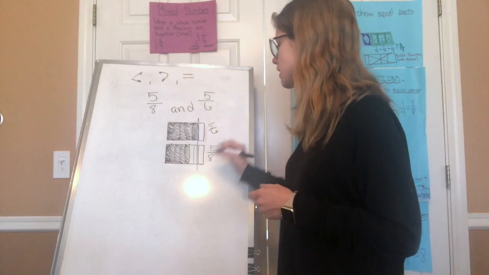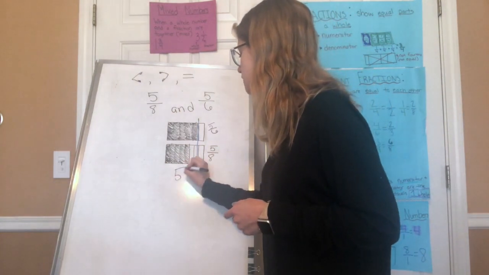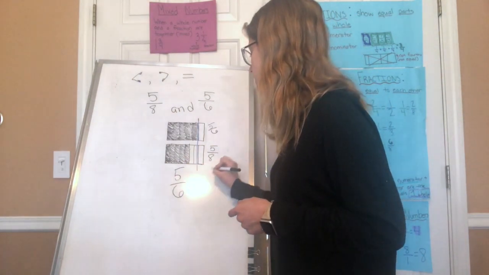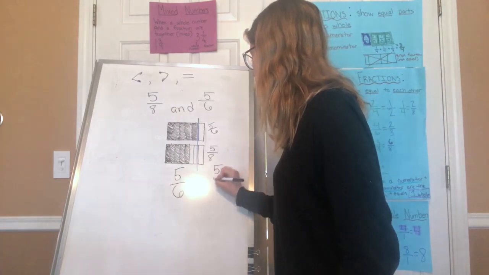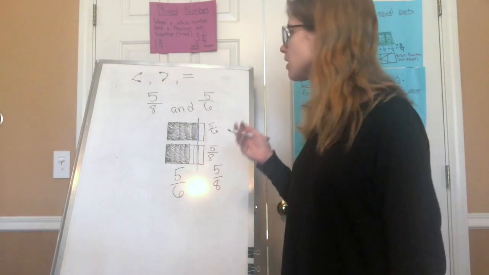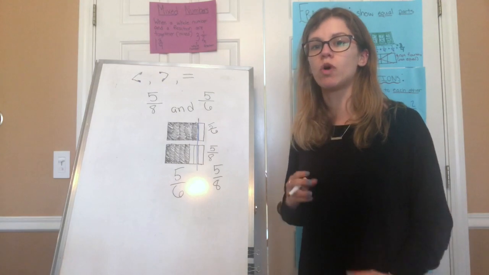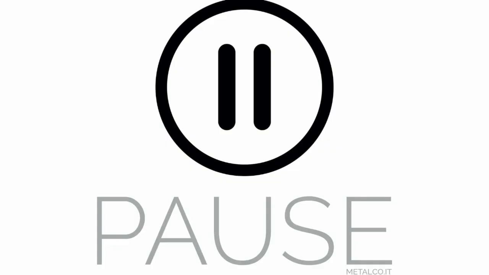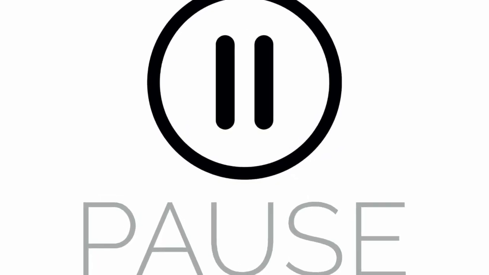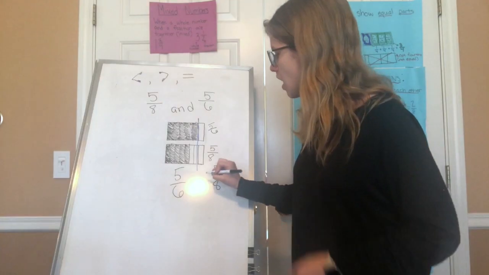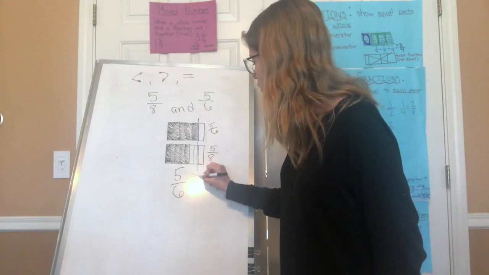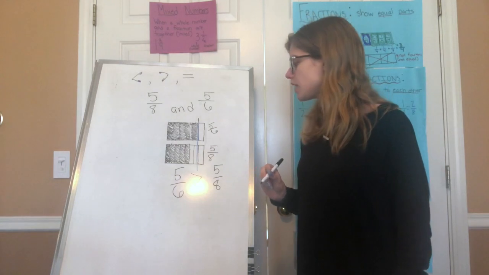So what I can say is that 5/6 is what to 5/8? Is it greater than, less than, or equal to? And what would the symbol look like? I would say that 5/6 is greater than 5/8.